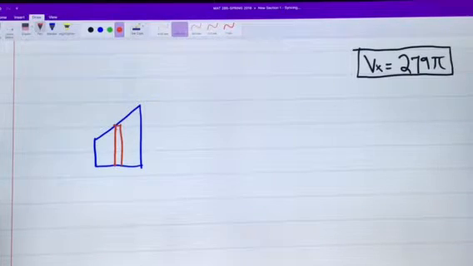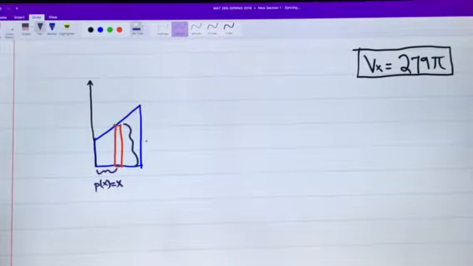Just taking what we have here, we're looking at generating the solid about the y-axis. So for the projected radius, we have p of x is equal to x. And for the height, h of x is going to be equal to 4x plus 3.